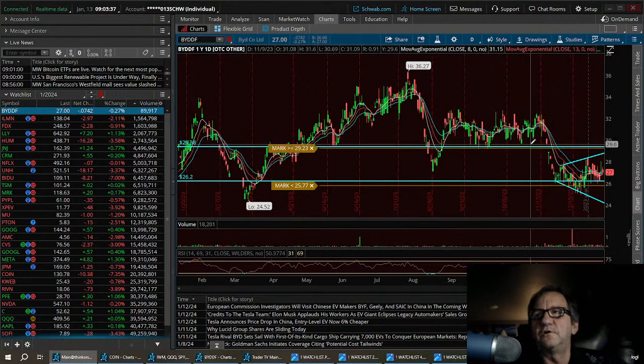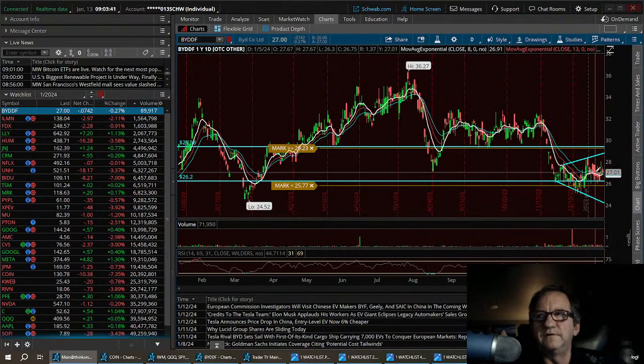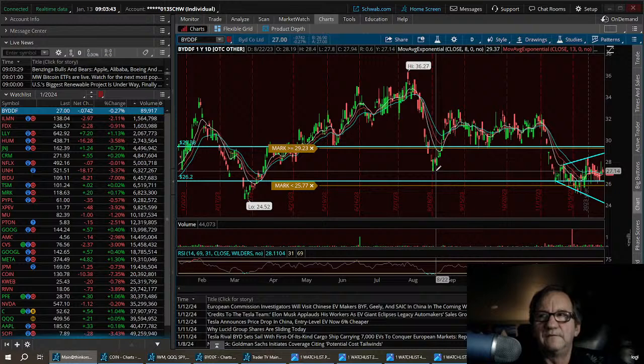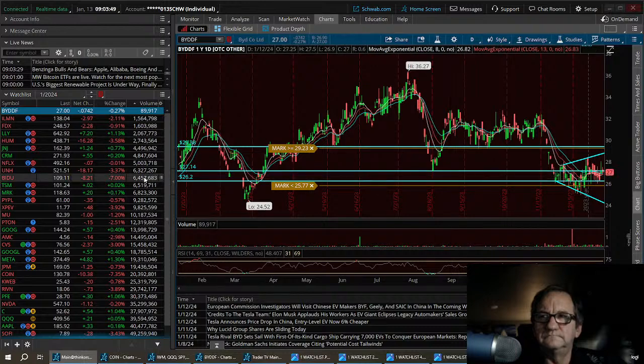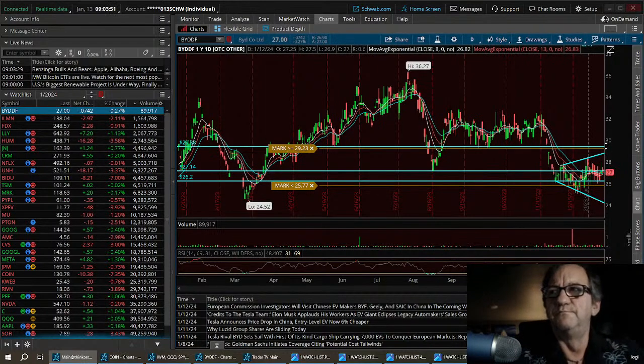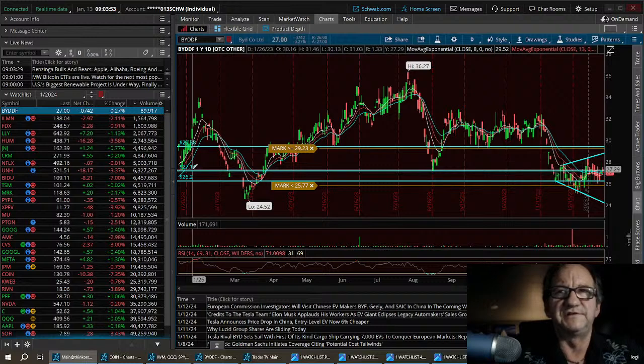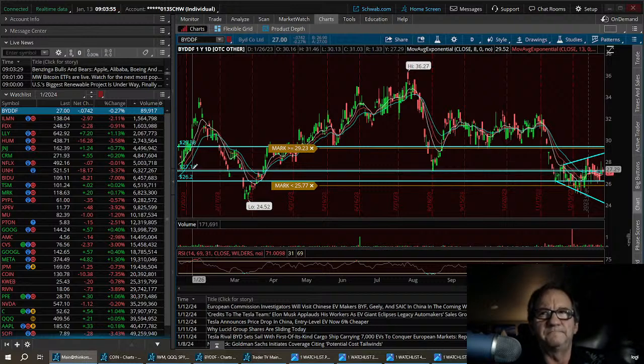That's a hard resistance to break. I think I'm going to short it back down to the pivot point here in the middle of this chart. Right here at this double bottom low right here. If we do break out of that and comes back down, I bet you it stops right there at 27.14. I almost guarantee it. I've seen it happen too many times.